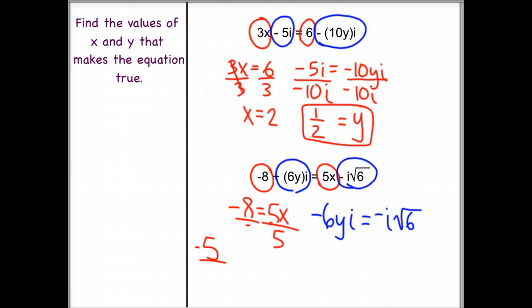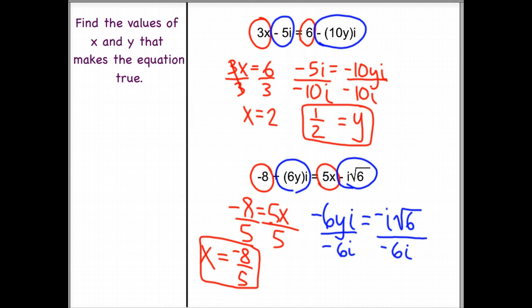So really what we have, instead of -8, is -8 divided by 5. So x is equal to -8 over 5. And our next one, we're solving for y, so we're going to divide by -6i. So we have that y is equal to the square root of 6 over 6.